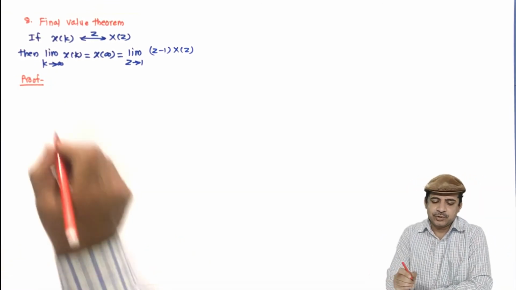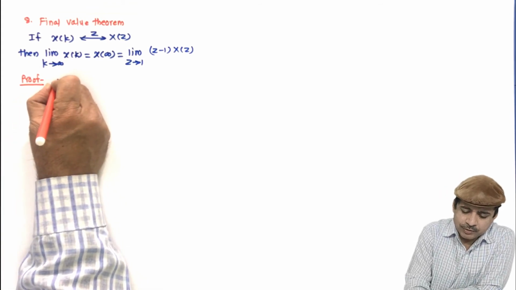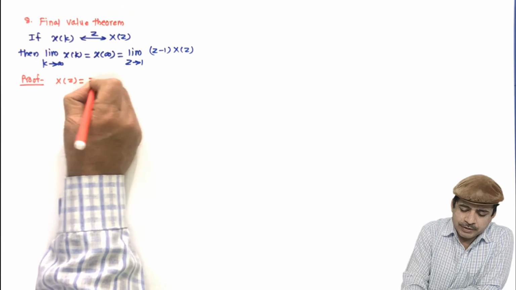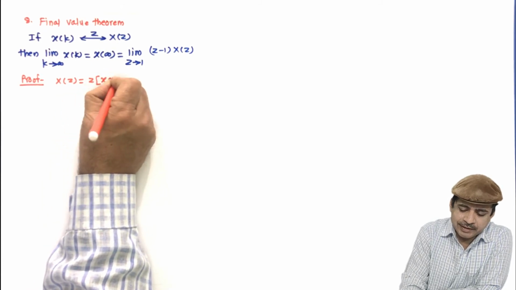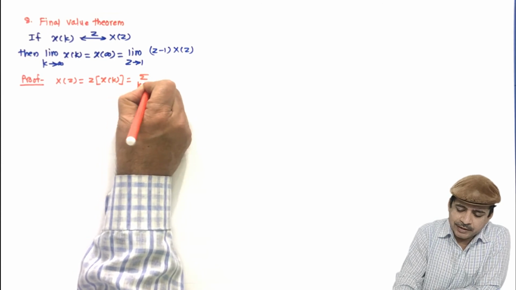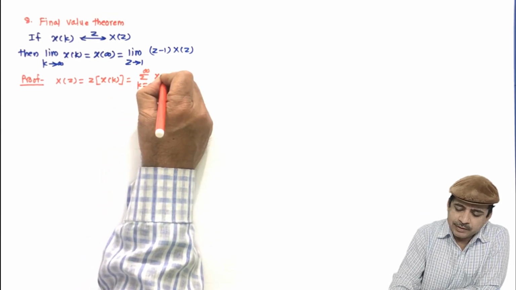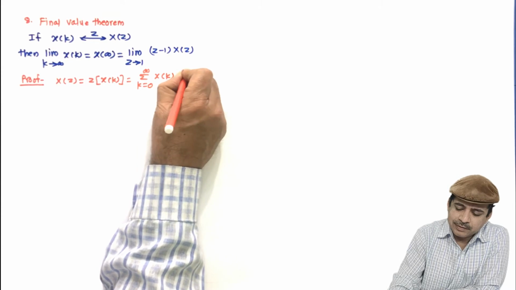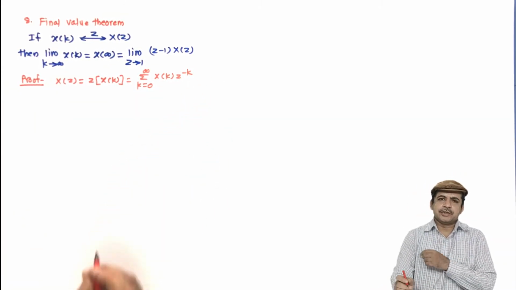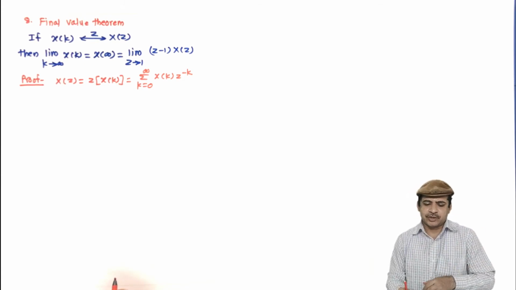Now what we have, x of z is equal to z transform of x of k, equal to summation k equal to 0 to infinity x of k z raised to minus k. Correct. Now let us use the time shift property of z transform.